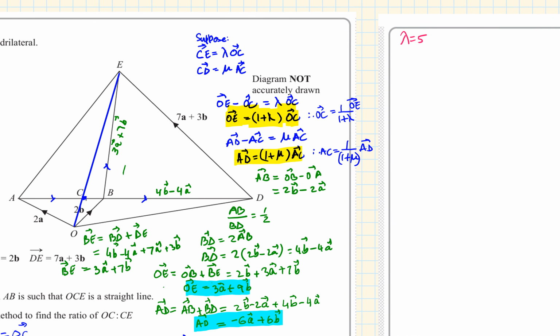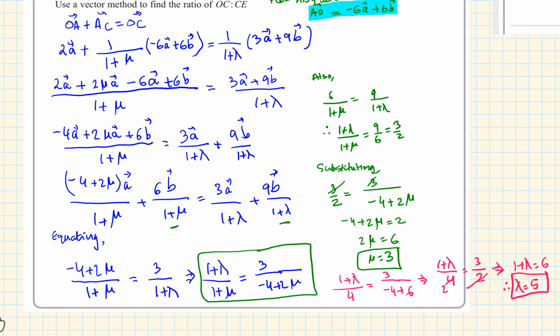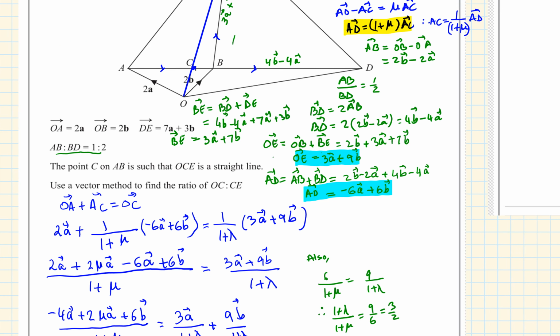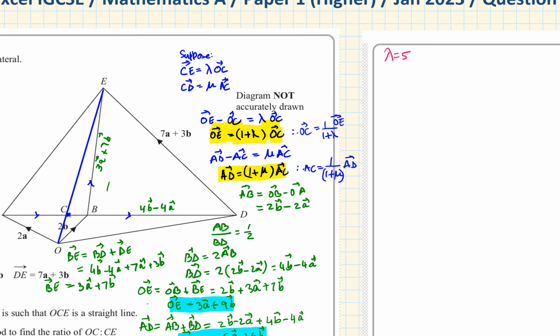So now we have to work out OC. OC and OE: we can see what OE is. OE equals 1 plus 5 times OC. So OE equals 6 OC, right?